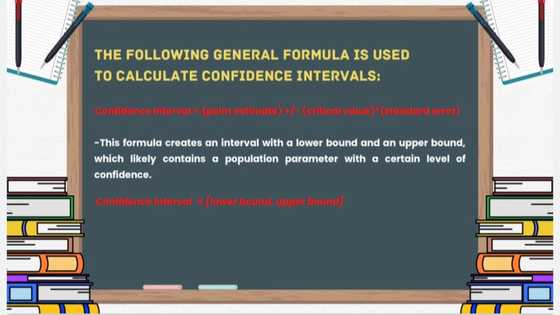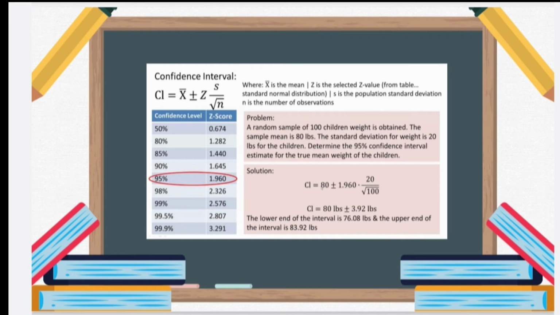So confidence interval is equal to lower bound and upper bound. In the confidence interval formula, x bar is the mean and z is the selected z value from the table of the standard normal distribution, s is the population standard deviation, and n is the number of observations.